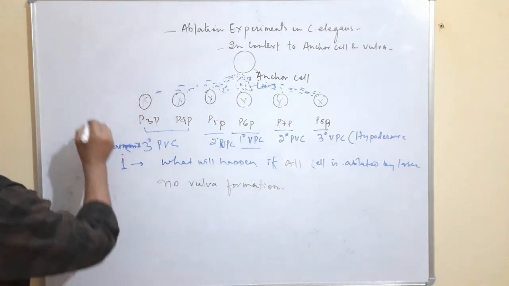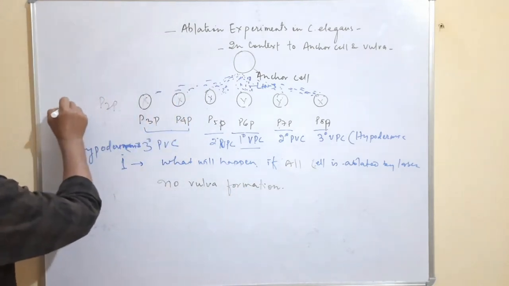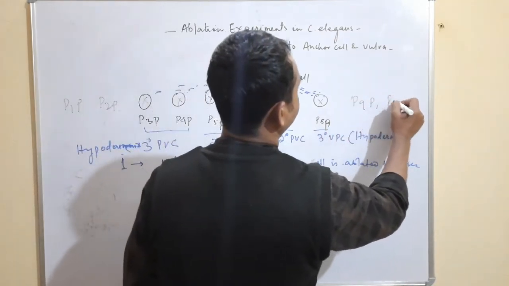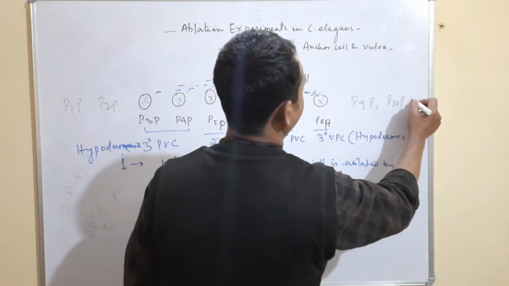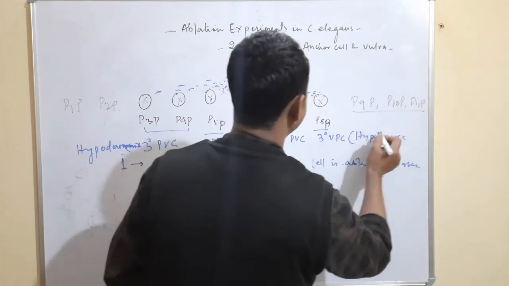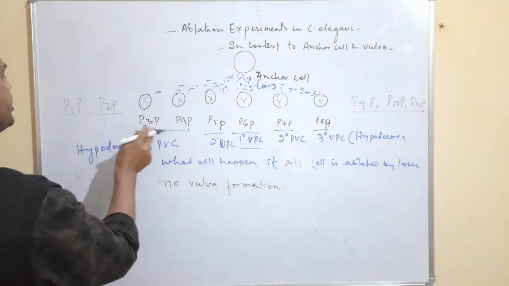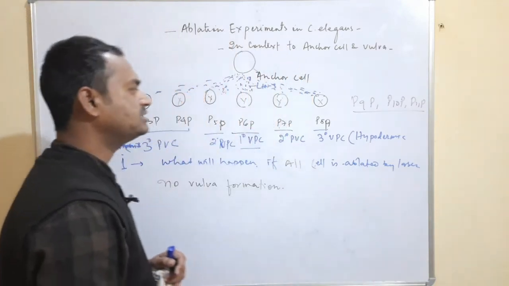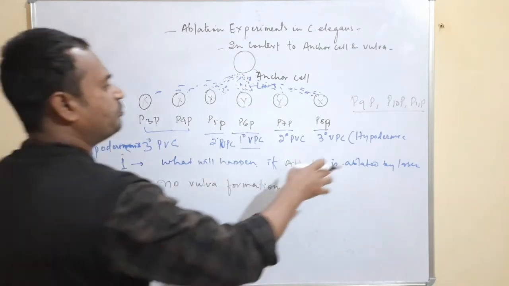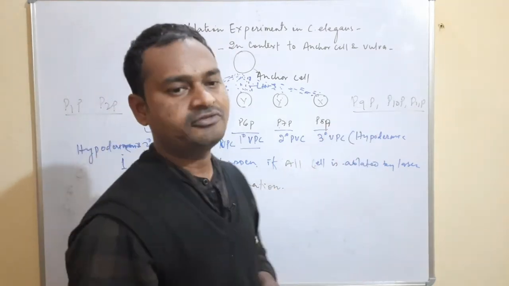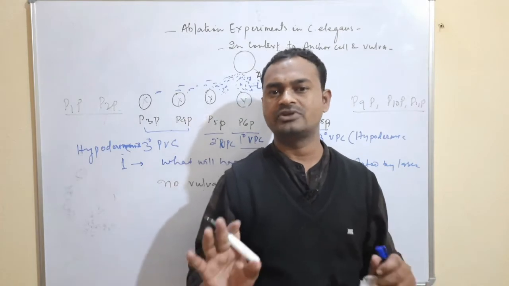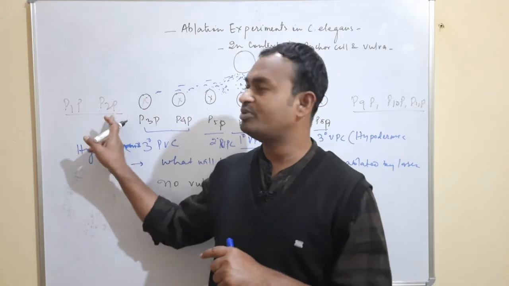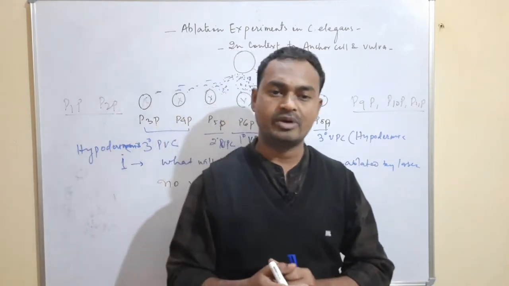In any case, the P2.p or P1.p or here P9.p or P10.p or P11.p, so these are the cells which are lying adjacent to the P3.p and the P8.p, and in no condition will this P2.p or P9.p lead to the formation of the vulva. There is no condition for the P2.p and P9.p to acquire the vulva.